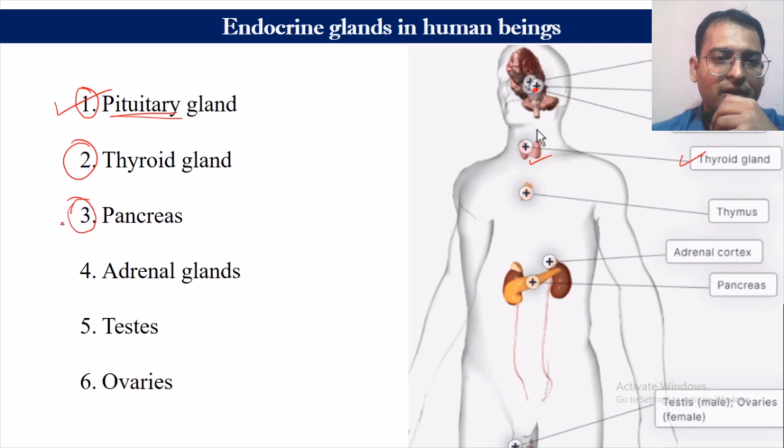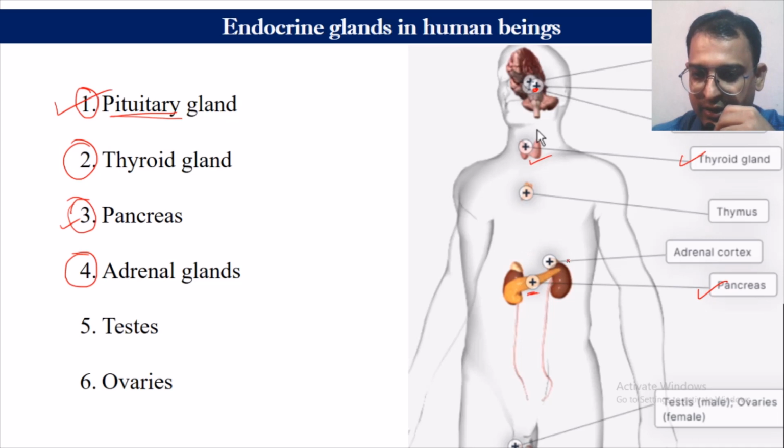Next, pancreas. Where is the pancreas? Here. Pancreas is just behind the stomach. It also has a very important role, particularly in managing diabetes. Next, adrenal glands. Where are the adrenal glands?